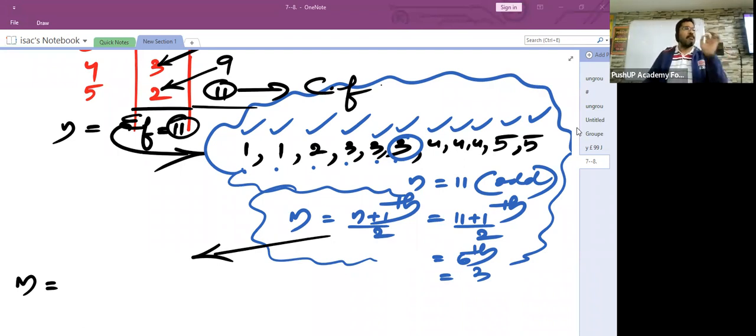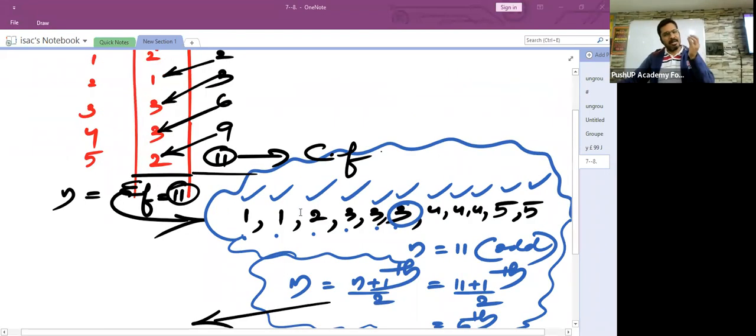Sigma f. When we talk in terms of ungrouped tabulated data, you call it sigma f. The moment I convert that data into raw data or arrayed data, sigma f becomes N. So children, whether you call it N or sigma f, that does not make any difference. I want you all to understand technically.